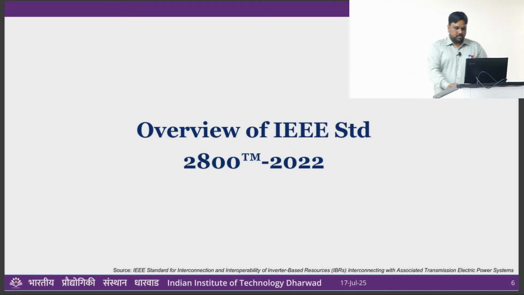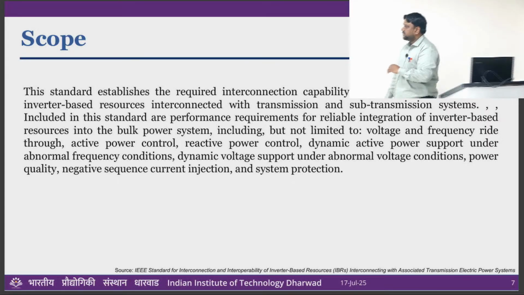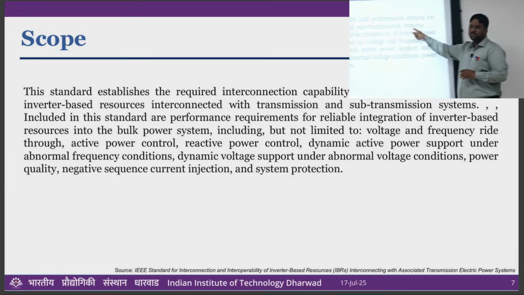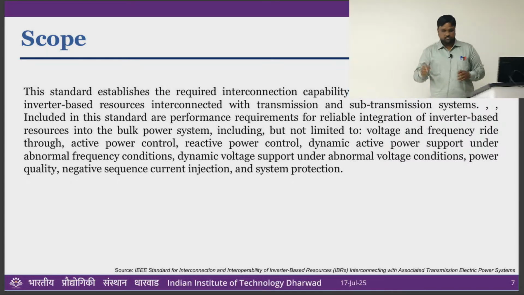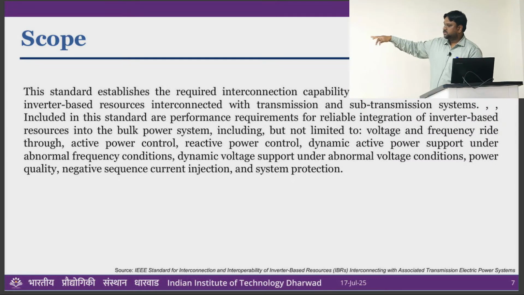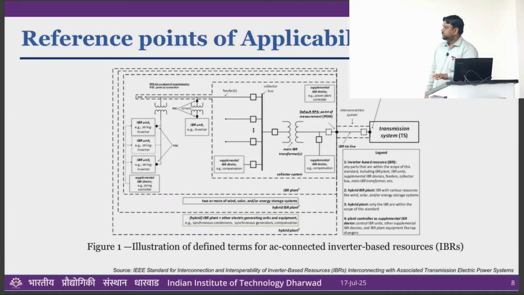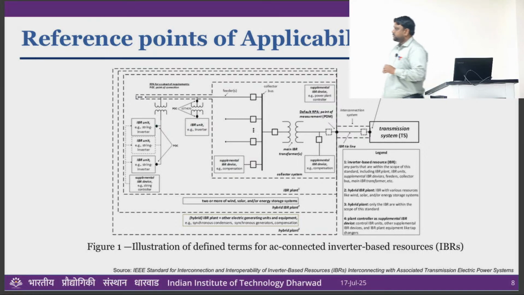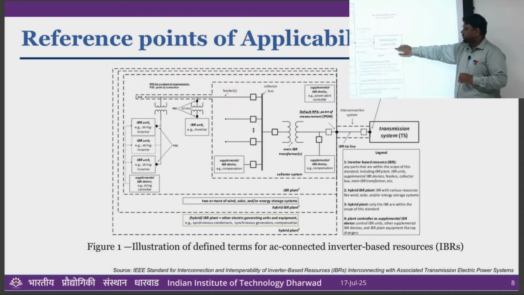Okay. Now, the scope, again as I told, is written in the second line: transmission and sub-transmission system. There are certain definitions also that they have given in the grid code. So, if you see, this is my grid, what I call a transmission system.